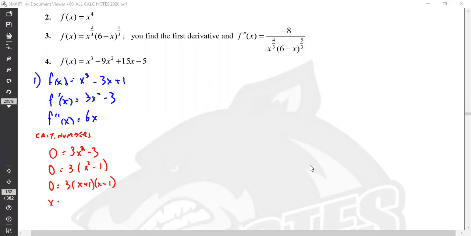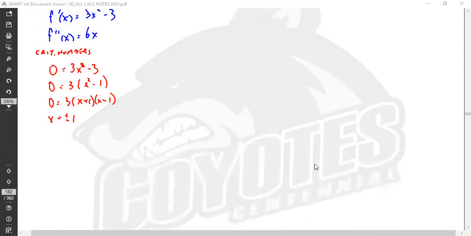So x equals plus or minus 1 for the critical numbers. Not a big deal. For f prime of x, let's draw our number line. Let's label what our number line is measuring. So this is measuring the first derivative. We have critical numbers at -1 and at +1.